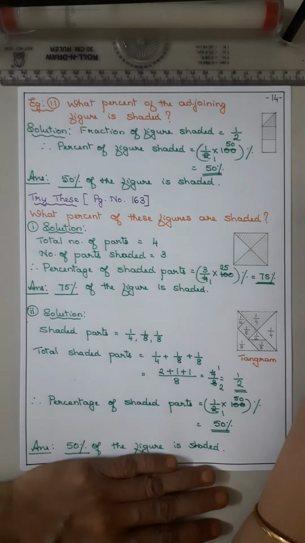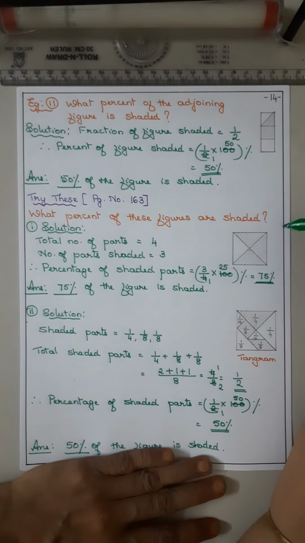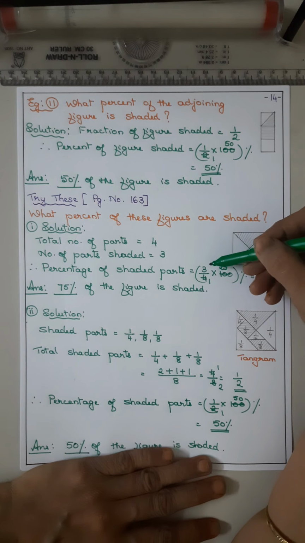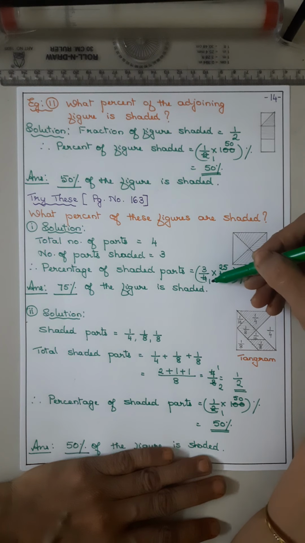Now what percent of these figures are shaded? In this figure, so the total number of parts is how many? 1, 2, 3, 4. And how many parts are shaded? 1, 2, 3. Okay. So percentage of shaded parts. So shaded part is 3. Write it in the numerator. Total number of parts is 4.